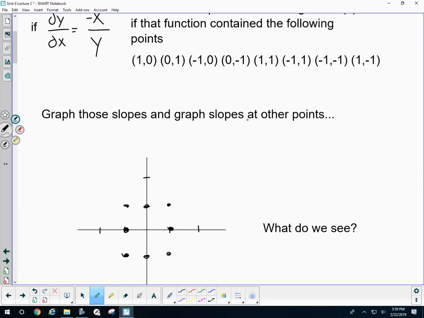And what you are going to do is plug your xy's into dy dx, and then graph a tangent slope.